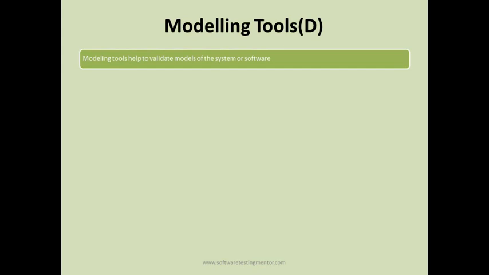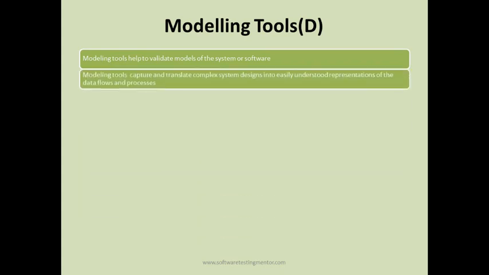Then there are modeling tools. Modeling tools help to validate models of the system or software, whether the model of the software or the system is right or not. Modeling tools also capture and translate complex system designs into easily understood representations of data flows and processes.